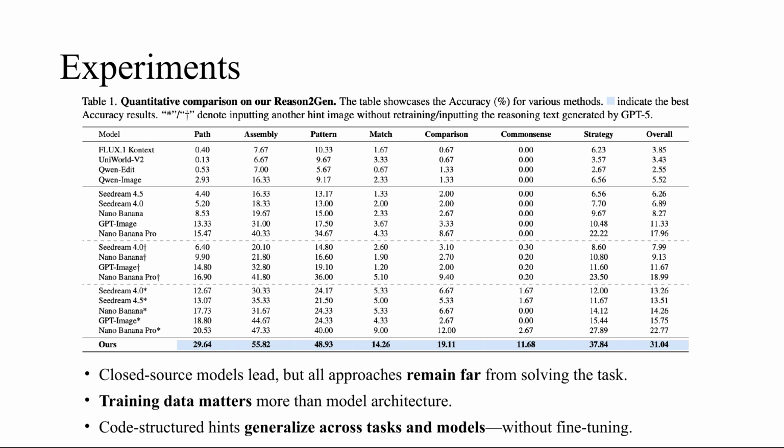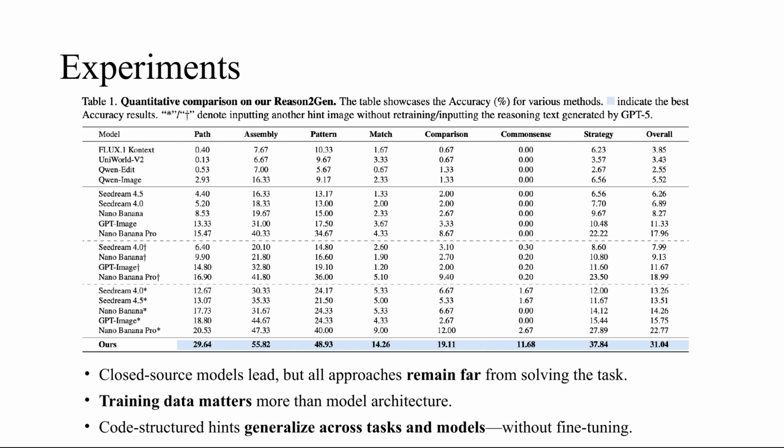Please refer to this quantitative evaluation table, which provides robust empirical evidence supporting our core technical conclusions. First, Hint2Gen achieves absolute dominance across all 7 reasoning dimensions of the Hint2Gen benchmark. Our overall accuracy skyrockets from the 3.85% of the base Flux model to 31.04%.